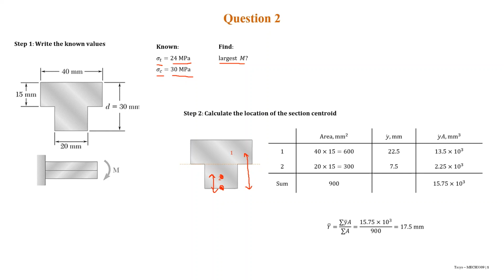And then to find the section centroid, we make this formula sigma yA, which is the sum here, and sigma A, or the sum of the area here. We put everything in and we obtain the section centroid is 17.5 mm.